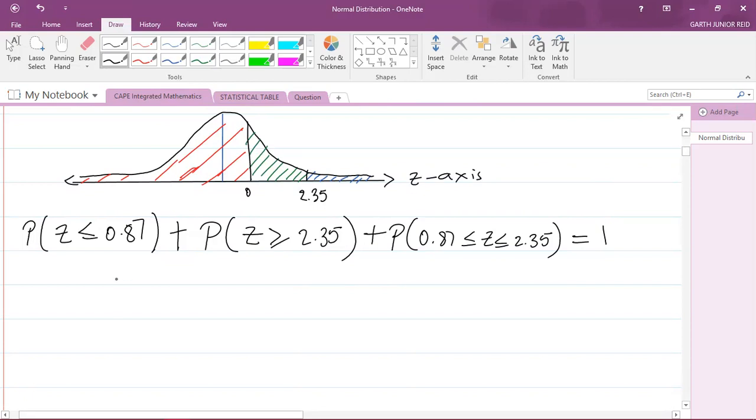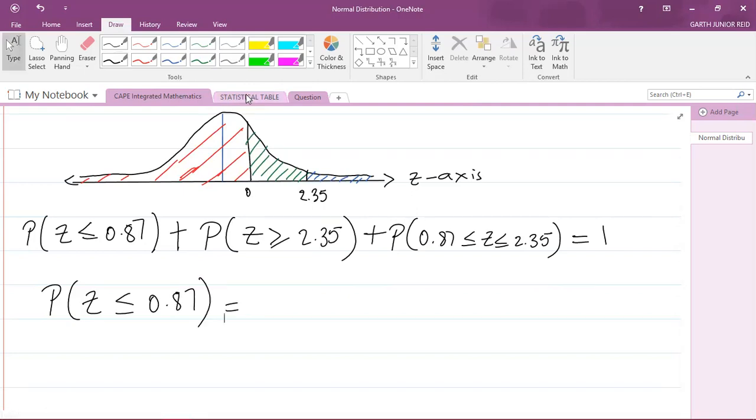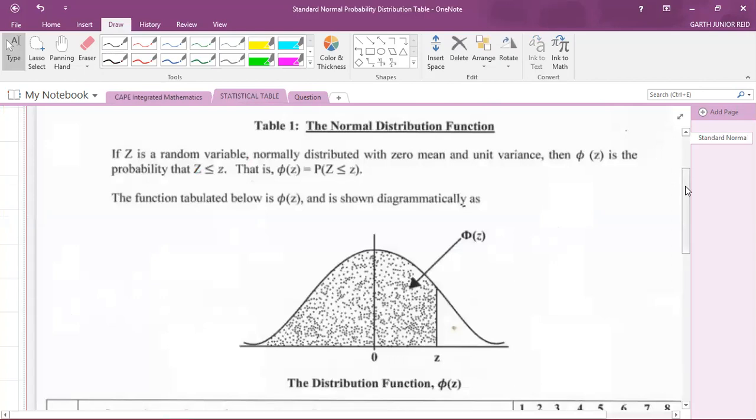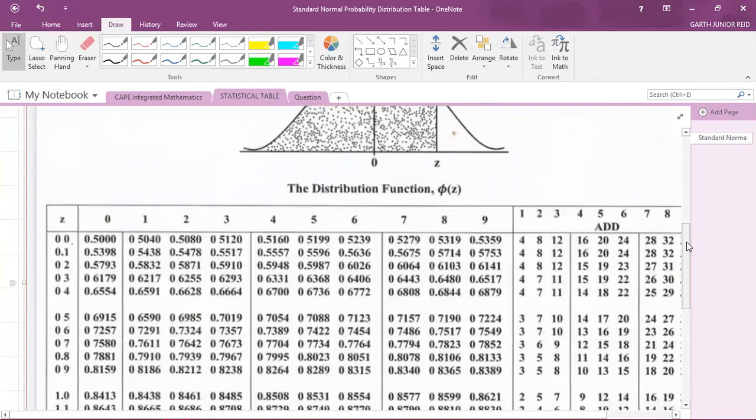Good. Now, I can find the probability of Z being less than or equal to 0.87 by just simply looking at the table, because we know that the table gives us the probabilities to the left of a given Z value. So the probability of Z to the left of 0.87 is going to be equal to what? Just look at our table and find 0.87. So here we have 0.8 and here we have 7.